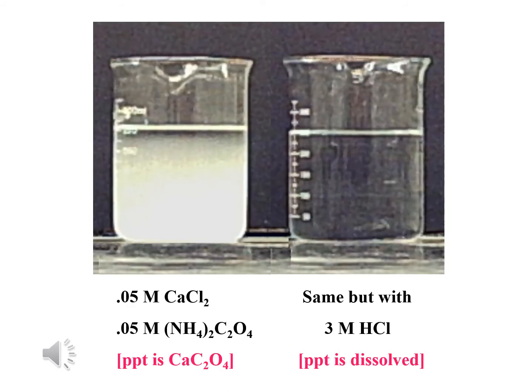So in this picture you can see that calcium oxalate is completely insoluble in water. But when I added enough HCl so that the concentration was 3 molar, it dissolved completely. This is the way strong acid is able to dissolve insoluble salts if they're the appropriate kind.